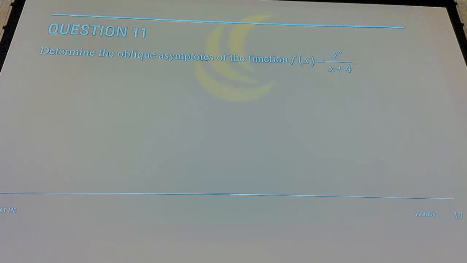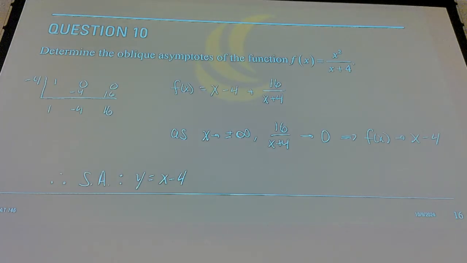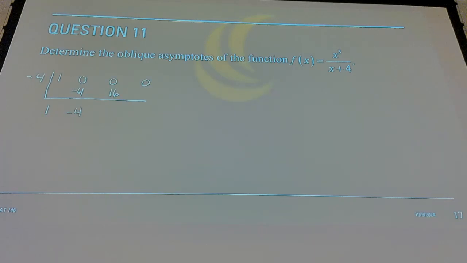Again, because the denominator is linear, we can use synthetic division. Oh, I did it right, plus 16. 16 times -4, -64. This would allow us to write f of x this way.